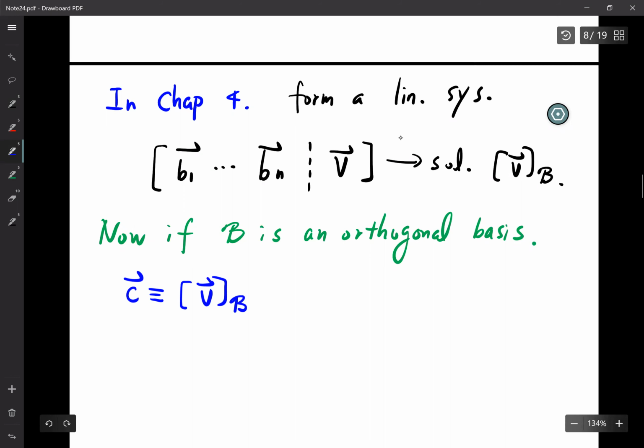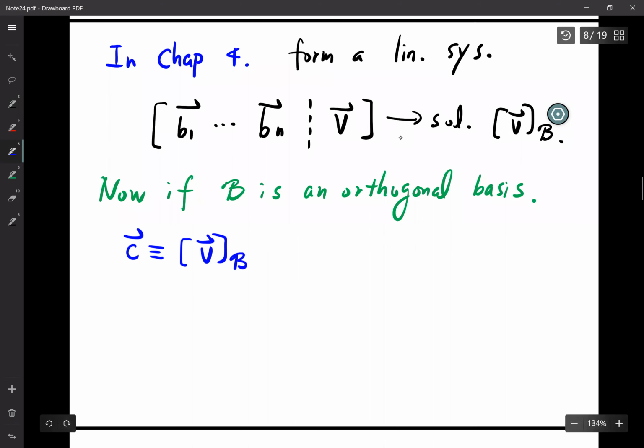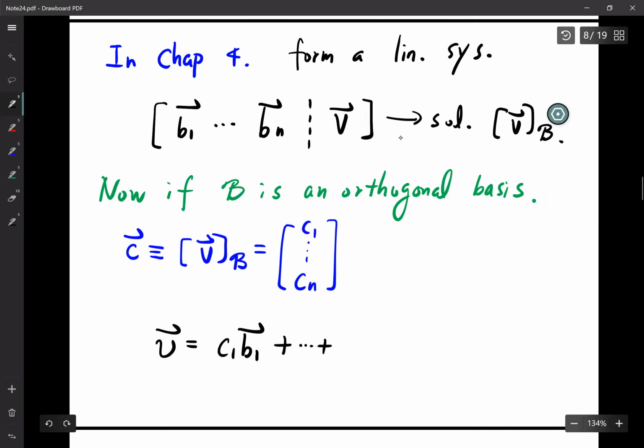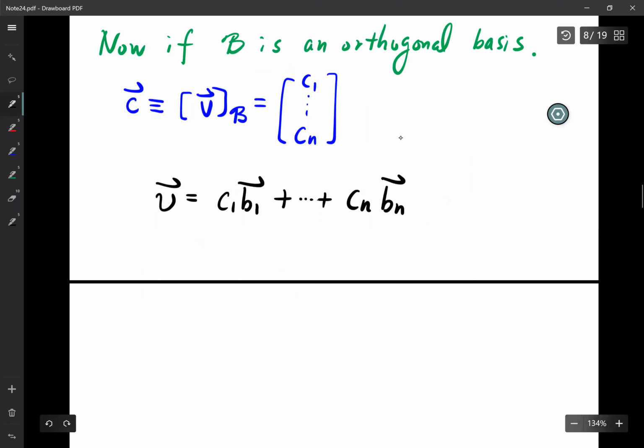C literally means this coordinate, given by components C1 to Cn. Then we have the vector equation V equals C1 B1 plus up to Cn Bn. How do I find C? As I said before, you solve a linear system and get the C.